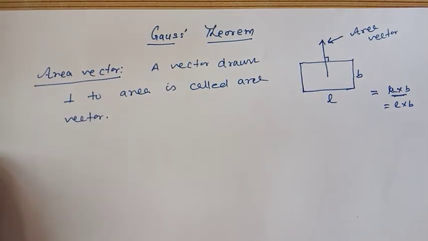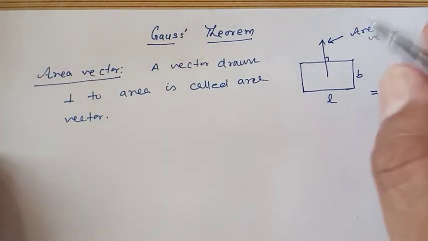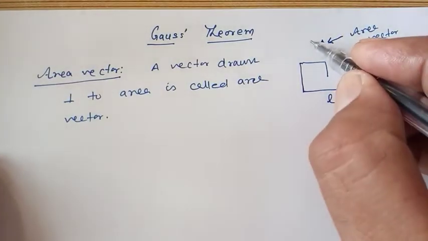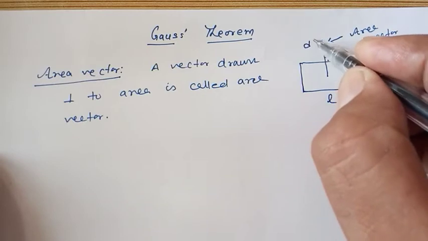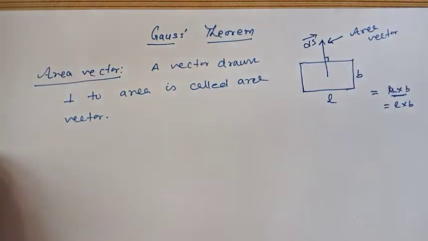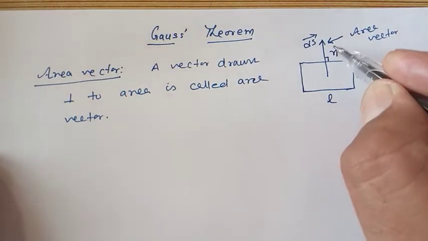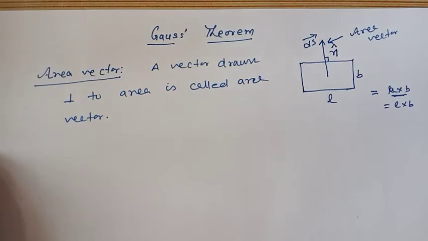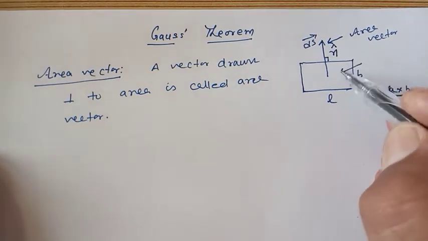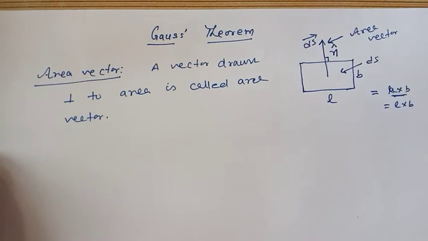Now suppose this area vector we represent it like ds vector, and the direction of this area vector is given by unit vector n, and area of this rectangular plane, let it be ds.